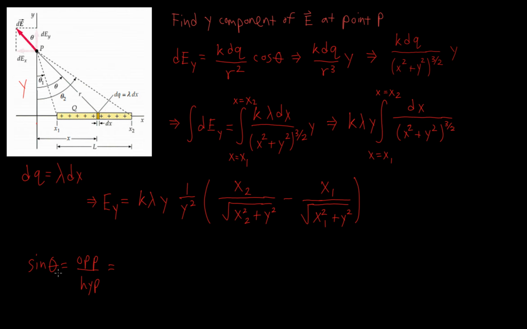If we wanted the sine of theta 2, angle 2 is this angle right here, and the opposite side to this angle 2 would just be x2.